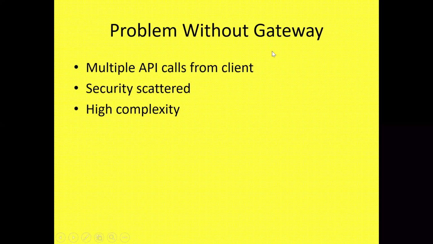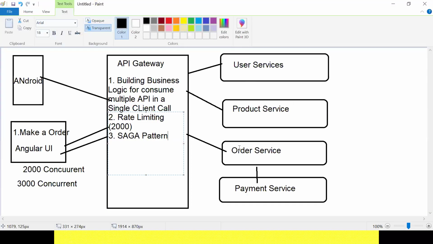What is the problem without a gateway? Multiple API calls will be made from the client. Second thing is security is scattered. See, today I have 4 microservices. How many services do I have? 4 services. If I have 30 microservices, do I need to implement security for all of them, or is it best to implement it in one service? One service will be best. Yes.